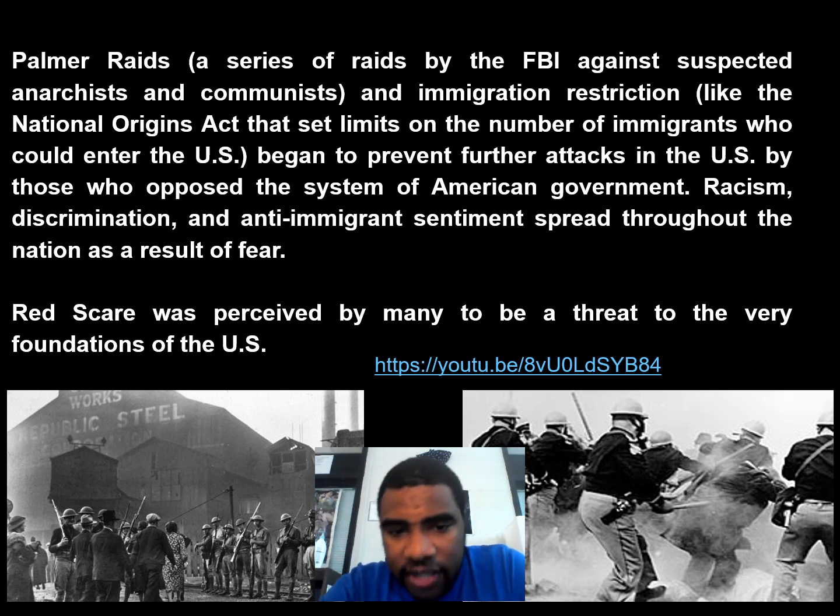Racism, discrimination, and anti-immigrant sentiment spread throughout the nation as a result of fear. The Red Scare was perceived by many to be a threat to the very foundations of the U.S.